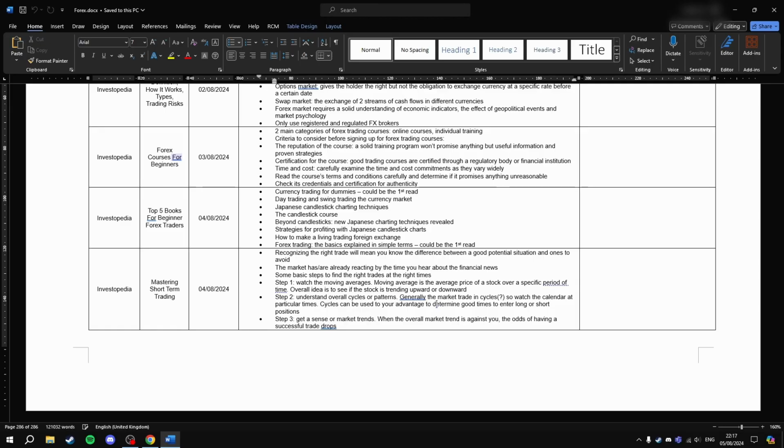The overall idea is to see if the stock is trending upward or downward. Step 2, understand overall cycles or patterns. Generally the market trades in cycles, so watch the calendar at particular times. Cycles can be used to your advantage to determine good times to enter long or short positions. Step 3, get a sense of market trends. When the overall market trend is against you, the odds of having a successful trade drop.